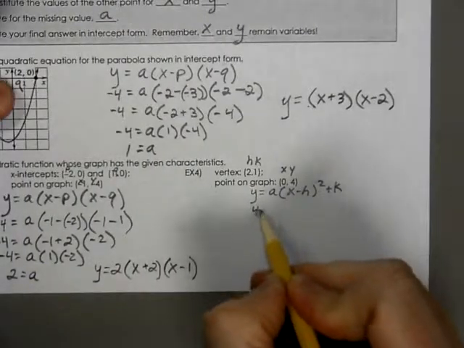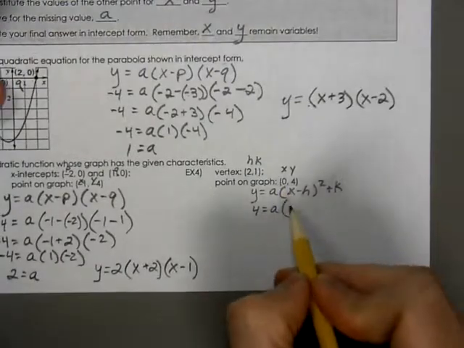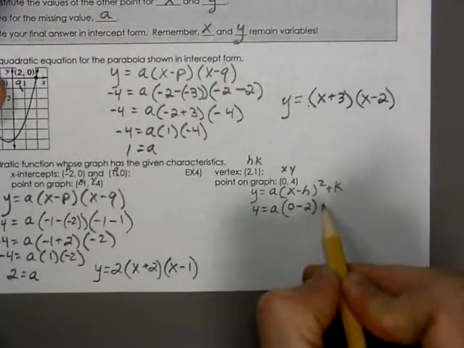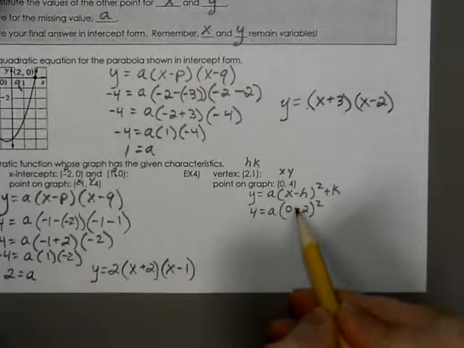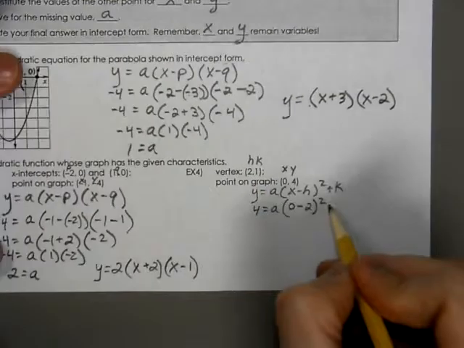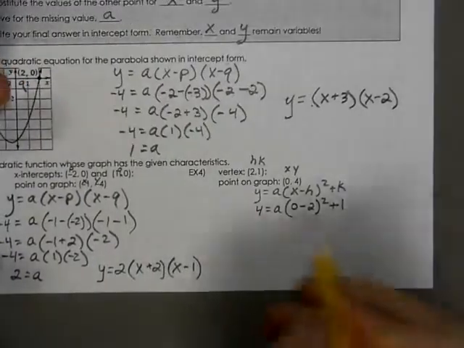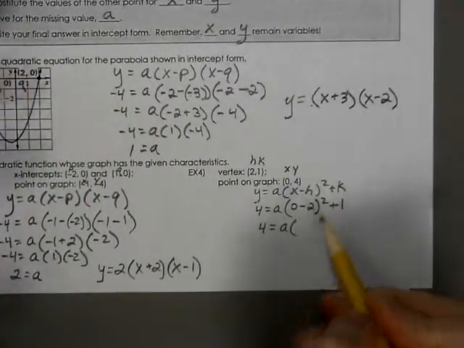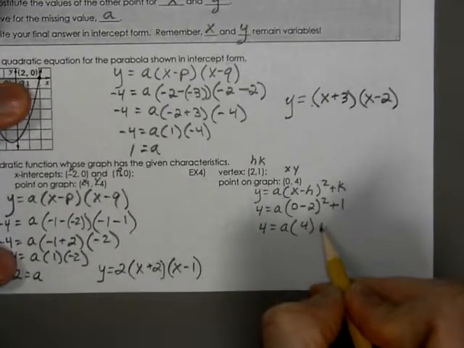So your y value is 4. We don't know the a. The x value is going to be 0. Your h is 2. So the formula says minus h. So it's a minus 2. And your k value is a positive 1.